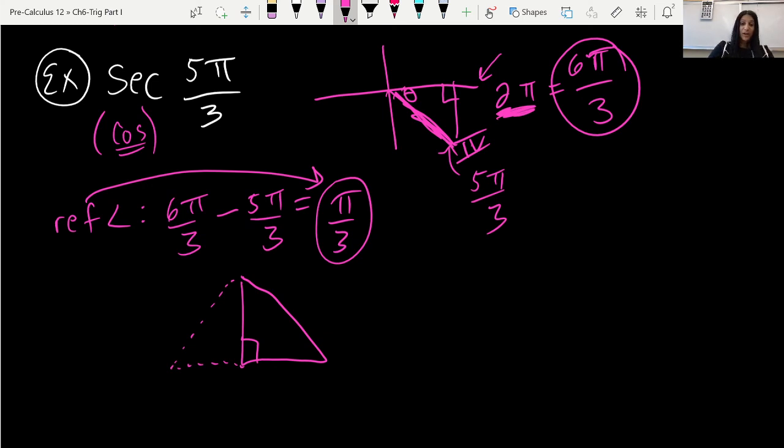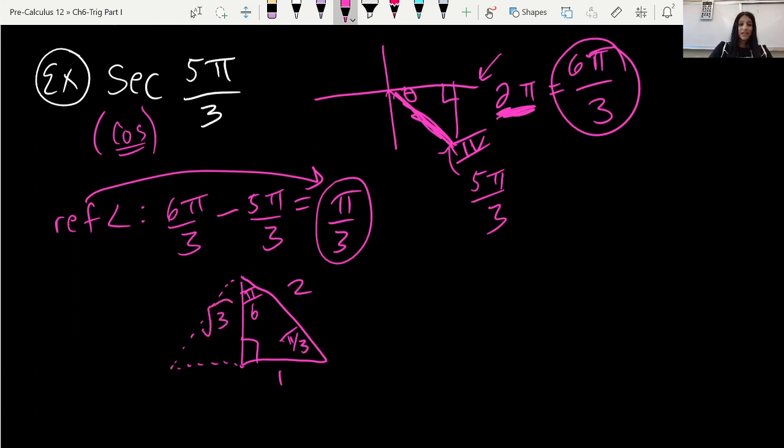So the bottom angle here would still be our 60 degrees. So that would be our pi over 3. And the top angle is the one that we chopped in half. So that would have been the pi over 6. This was 1, this was 2, and this was the 3 with the root on top.